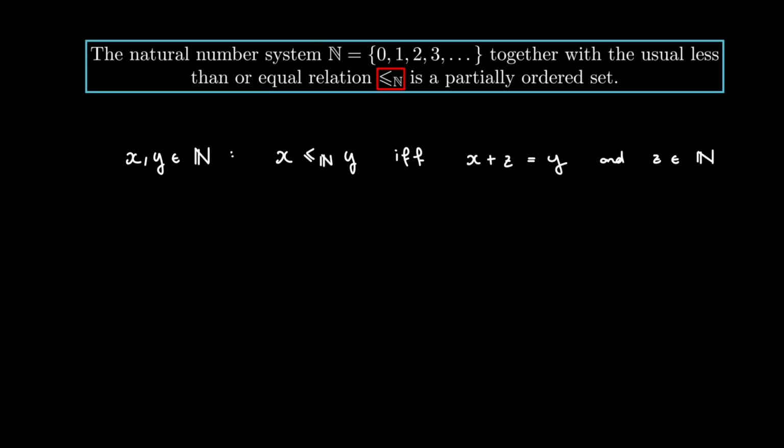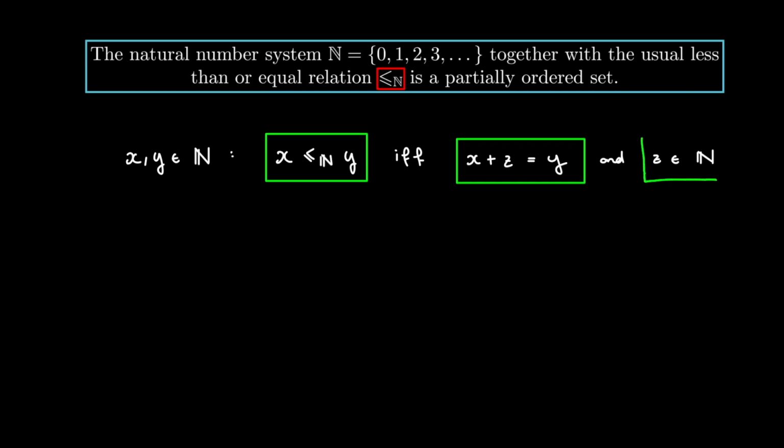Just to be clear about what's happening here, we are defining this statement in terms of a different statement, namely one which involves addition, and one which tells us that the thing that we're adding is in the natural numbers. And now let's see that with this formal description, we can actually prove some things about the relation. Let's check reflexivity. Is it true that given any x, x is less or equal to itself?